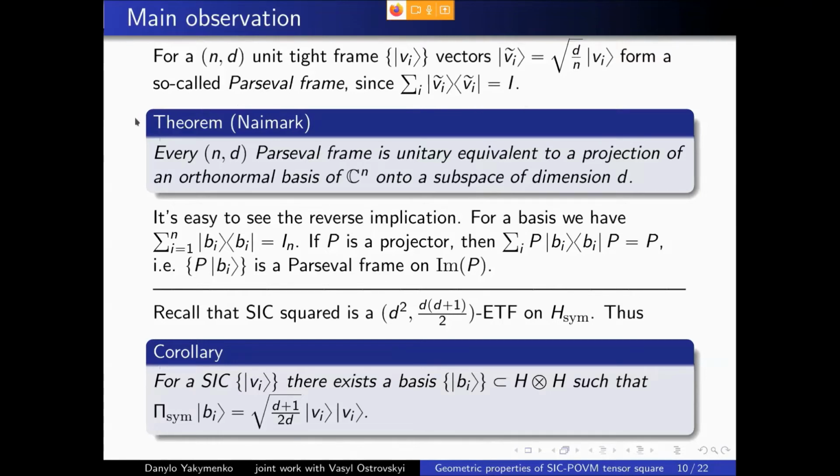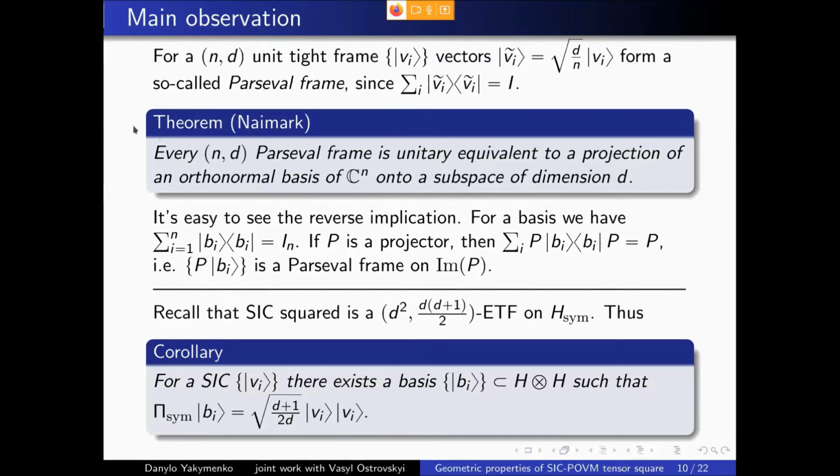And there is a known Naimark theorem that says that every Parseval frame is actually unitary equivalent to a projection of some orthonormal basis into some subspace of dimension D, right?